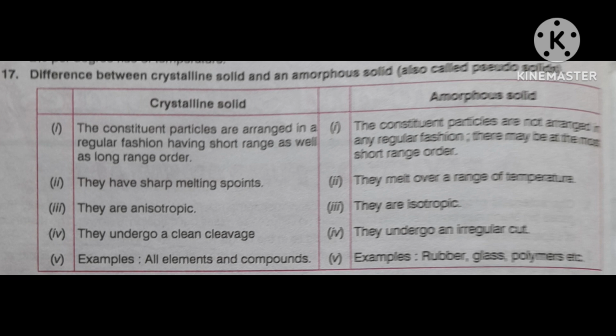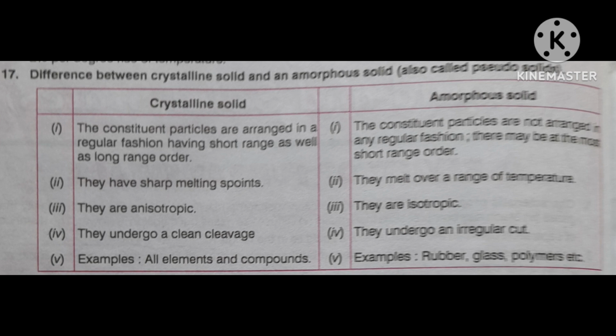Now I am going to discuss the next point, types of crystalline solids. Depending upon the constituent particles, there are 4 types of crystalline solids. First is ionic, second is covalent, third is molecular, and fourth is metallic.